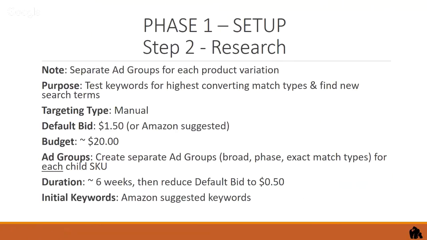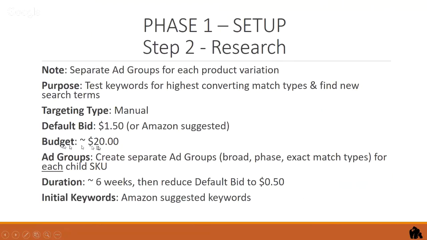Depending on what category you're in, this default Amazon suggested bid can sometimes be quite high on a fairly competitive product or niche. If you're not in a competitive market, it's going to be a lot lower. So you need to keep an eye on that as we move forward, and we'll see what we get when we set our manual campaign up.